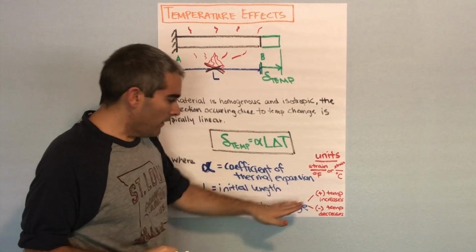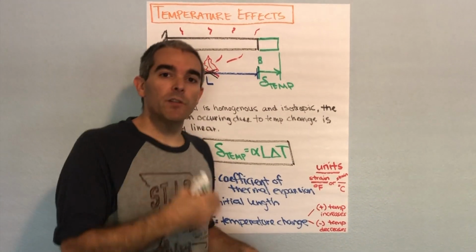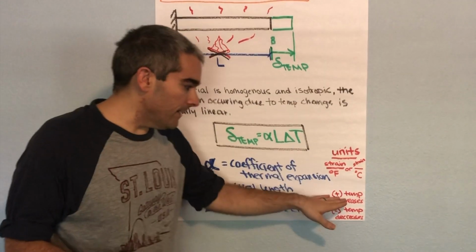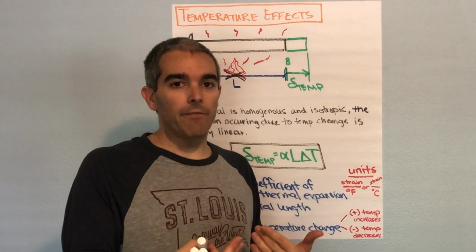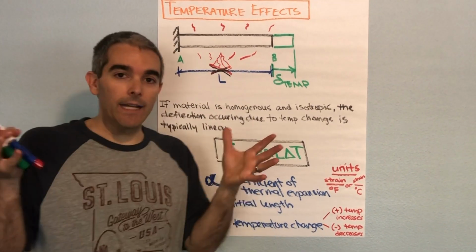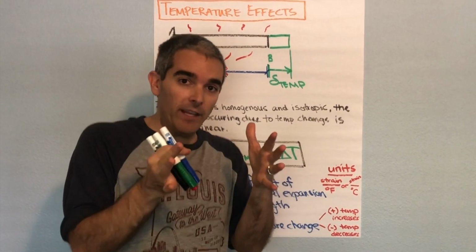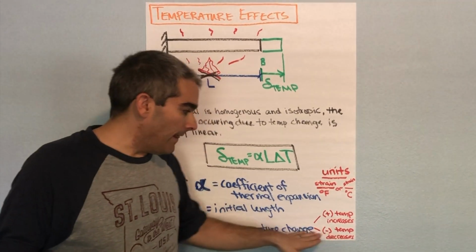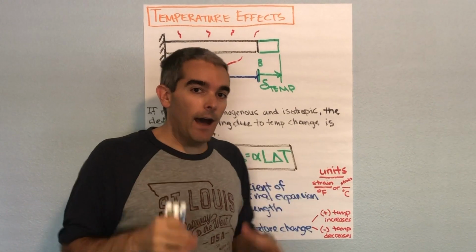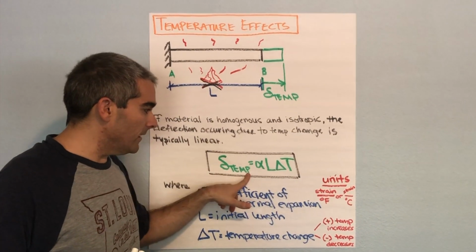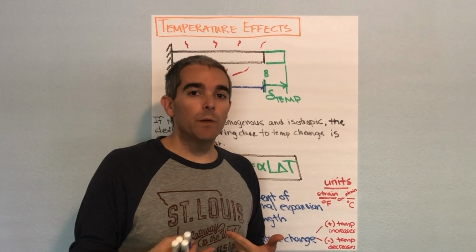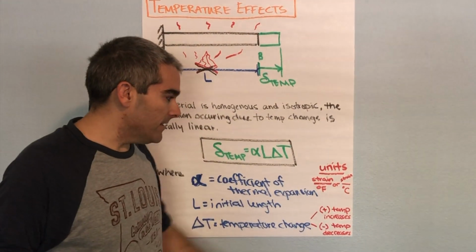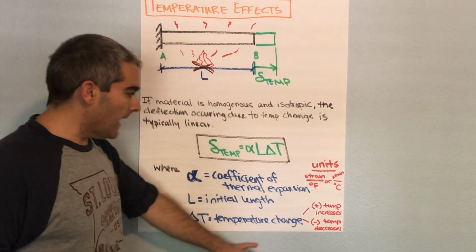We use positive because if the temperature is increasing, then the deflection is increasing, and a positive number would mean extension of our member. Whereas if it was getting colder, the member would be shrinking, and so then we would use a negative value. When we get our final deflection for delta temp, it would be a negative number, which implies contraction. And so this is our unit sign convention.